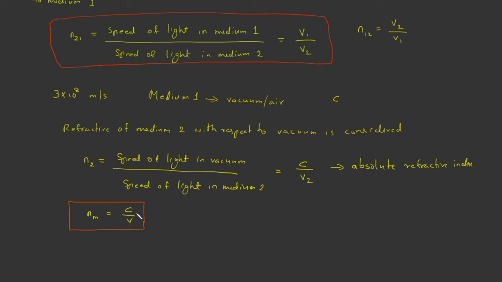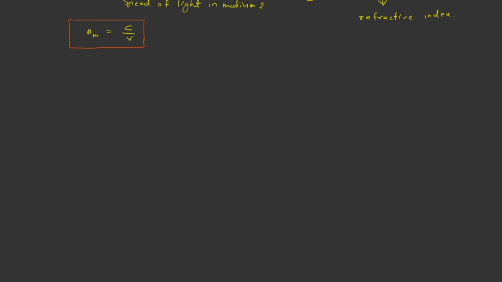So the absolute refractive index Nm is equal to C divided by V. And this absolute refractive index of that medium is called its refractive index. So we studied refractive index of a medium.